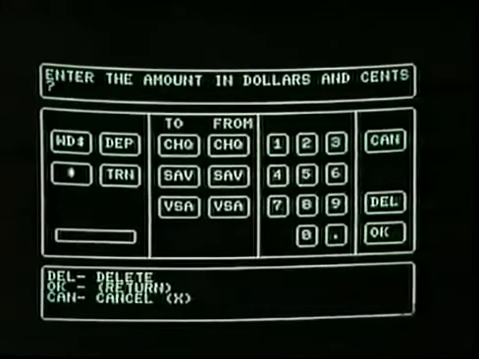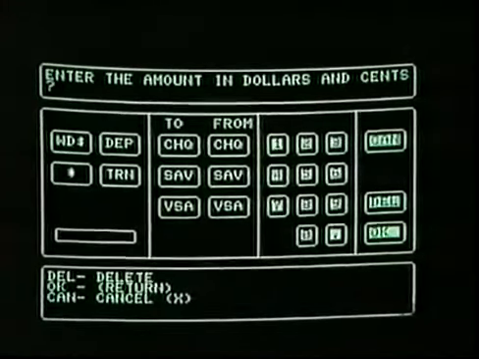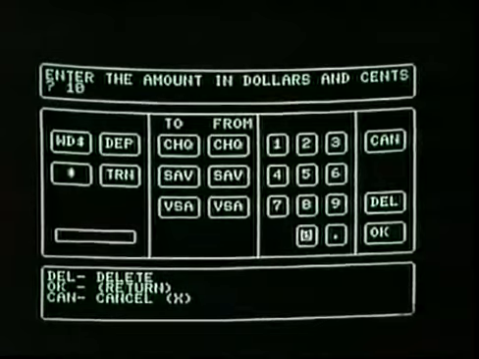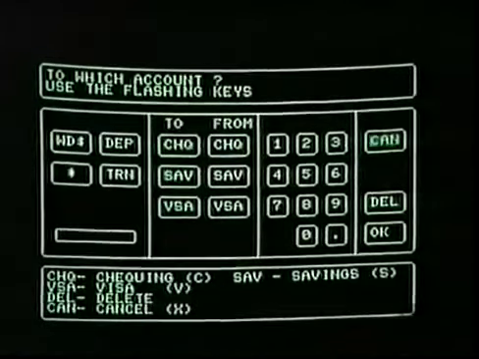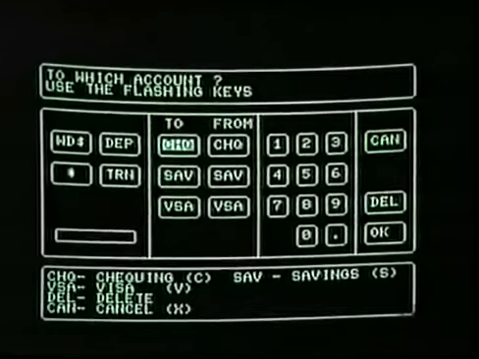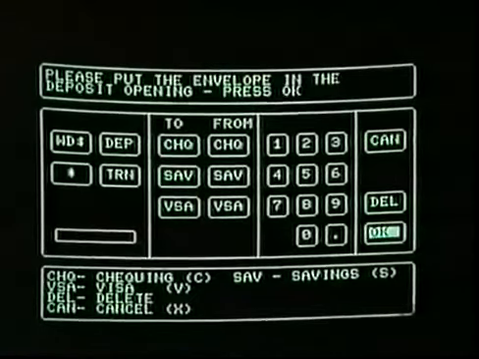Enter the amount in dollars and cents, so, well, let's say $1,000. To which account? I think we'll put it in the checking account. Please put the envelope in deposit opening. Okay. Envelope accepted. Thank you. Please wait. Okie dokie. Space bar.